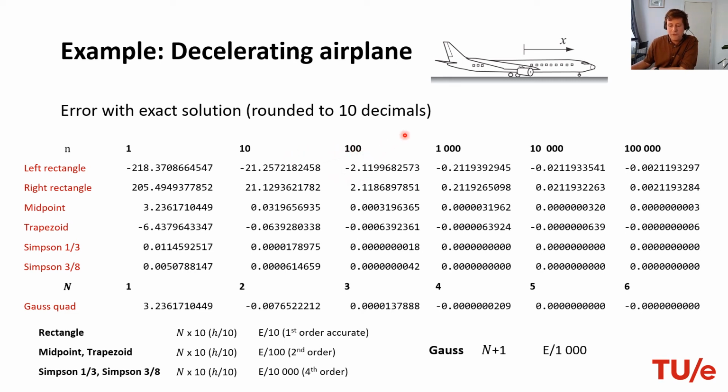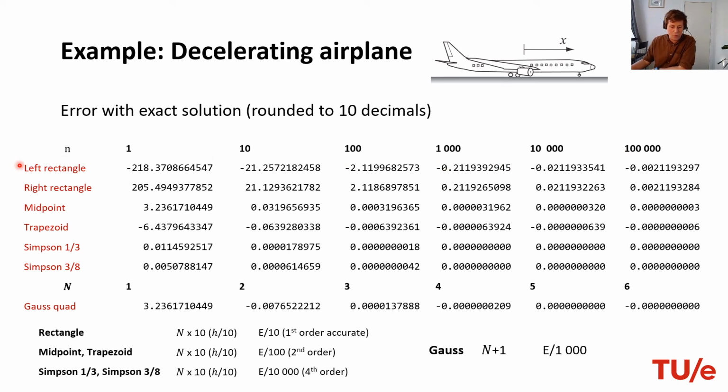So only very slowly this error goes down. If we were to try and get this accurate to 10 decimals, we would have to take, I think, billions and billions of function evaluations. You can actually see that we would have to take about 7 times 10 to the power 7 times more function evaluations than here in 100,000. So that's really out of the question.